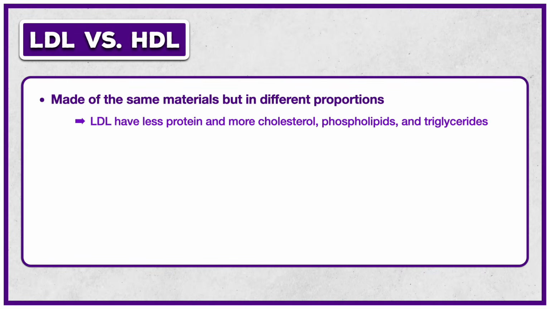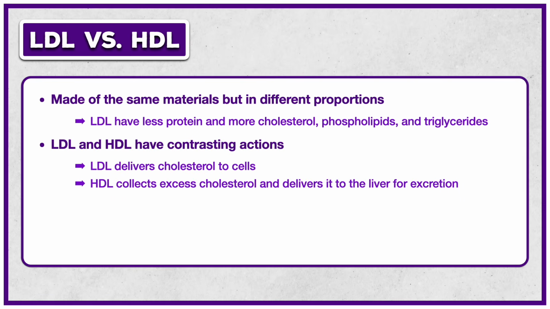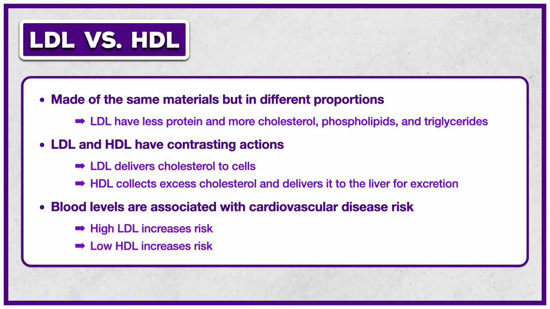As mentioned, LDL and HDL are made of the same materials but in different proportions. LDL have less protein and more cholesterol, phospholipids, and triglycerides. Furthermore, LDL and HDL have contrasting actions. LDL delivers cholesterol to cells, whereas HDL collects excess cholesterol and delivers it to the liver for excretion.